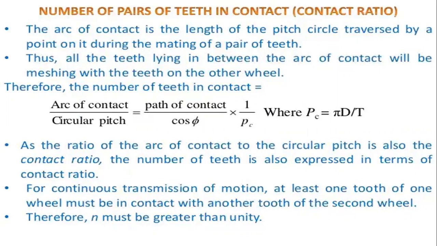So a tooth must be in contact with the other wheel, and therefore n must be greater than unity.